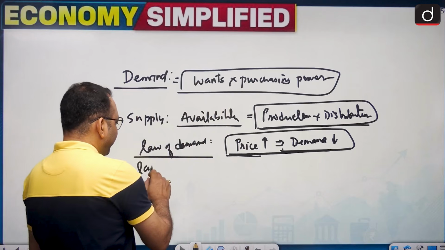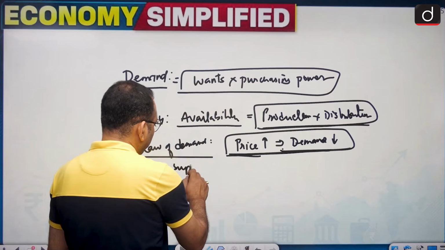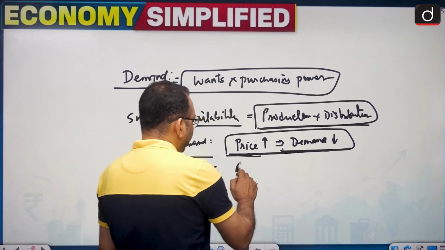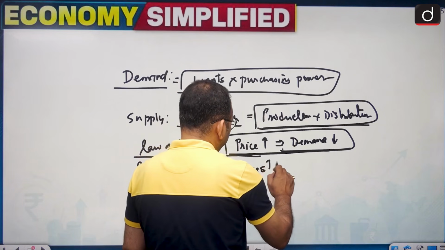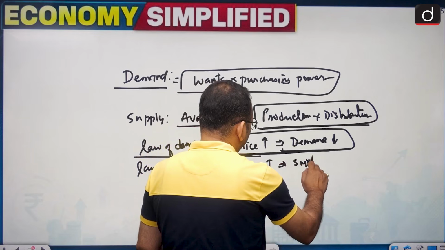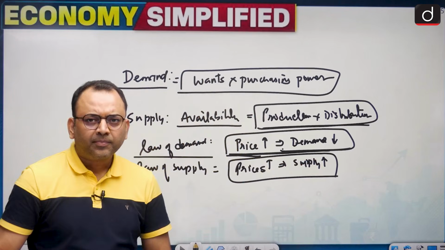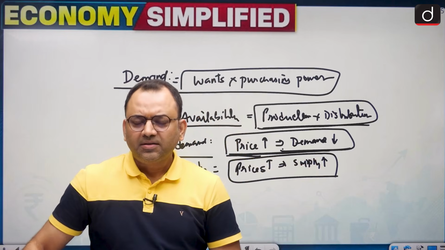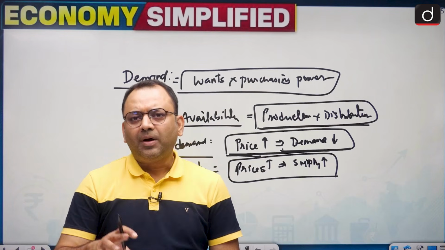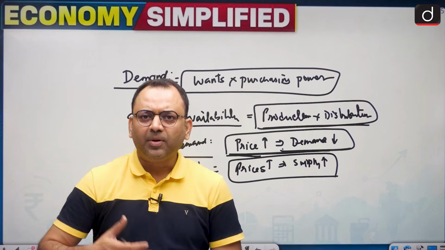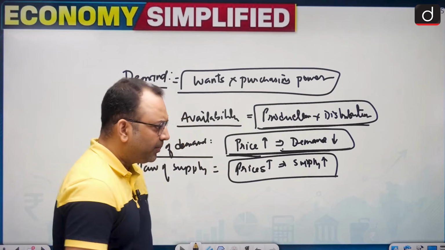And we have a law of supply as well, which says if the prices increase, the supply increases, because when the prices increase, it is seen as a commodity having good margin. So many producers, many suppliers enter the market to supply the commodities.